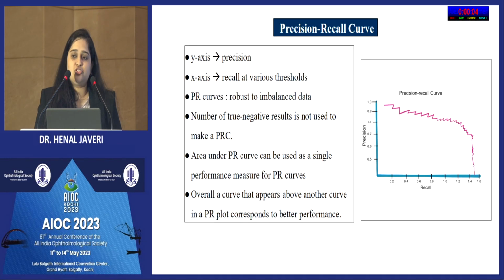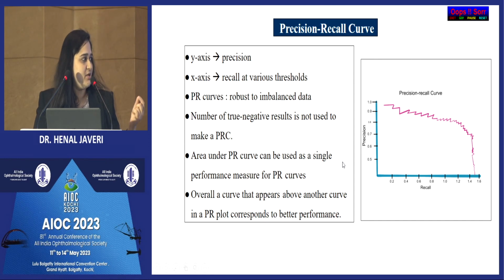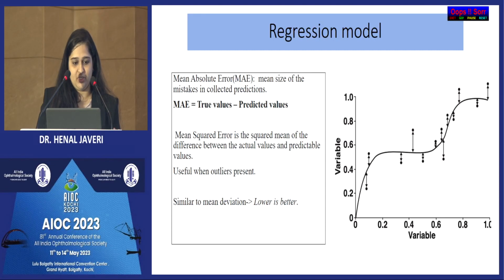Next comes the precision recall curve, where on the x-axis we have recall and on the y-axis precision. Basically in this, the number of true negative results are not used, and overall the curve which appears above the other one on comparison has a better performance.